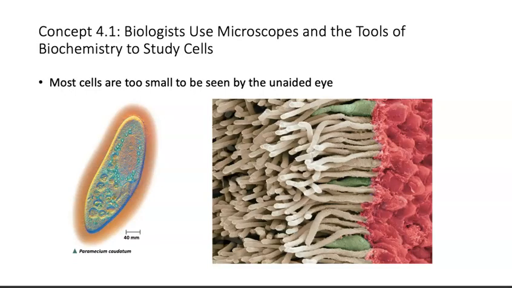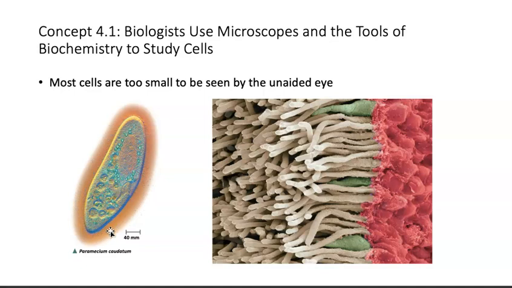So, one thing that we know is that microscopes help us see things that the naked eye cannot see. Most cells, you can't see with your unaided eye, and you definitely can't see a lot of the details that you'd want to see. For example, here's a cell, paramecium.